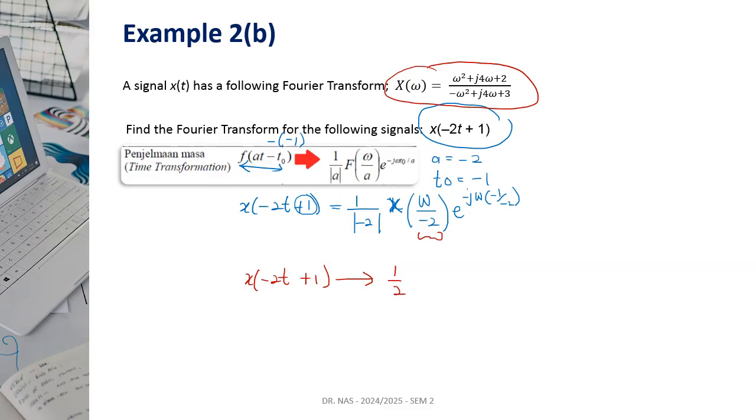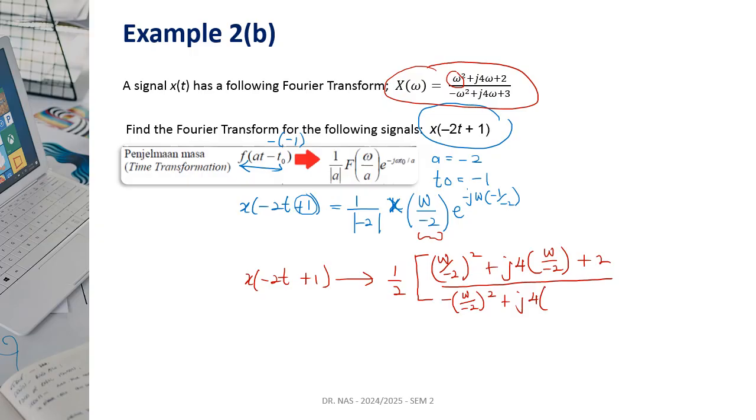X(omega) equals, all omega must be divided by negative 2: (omega over negative 2) squared plus j4 times (omega divided by negative 2) plus 2, divided by negative (omega divided by negative 2) squared plus j4 times (omega divided by negative 2) plus 3, then multiplied by e to the negative j omega over 2.